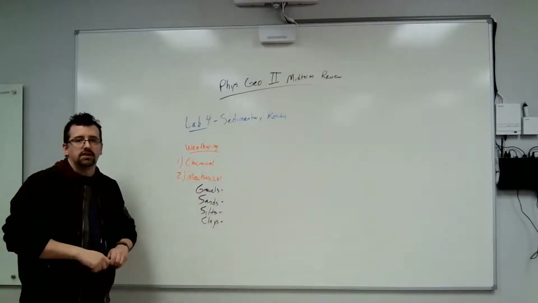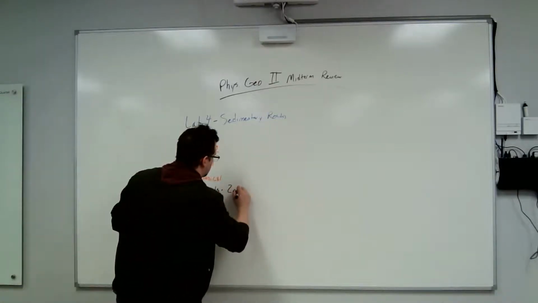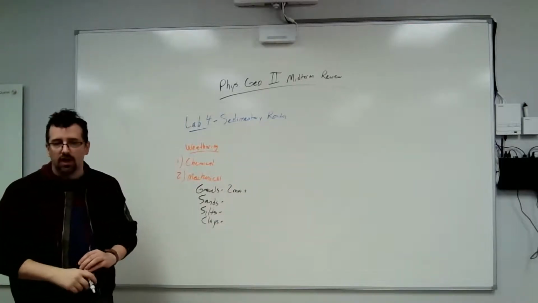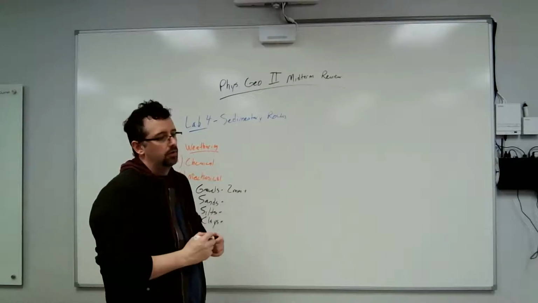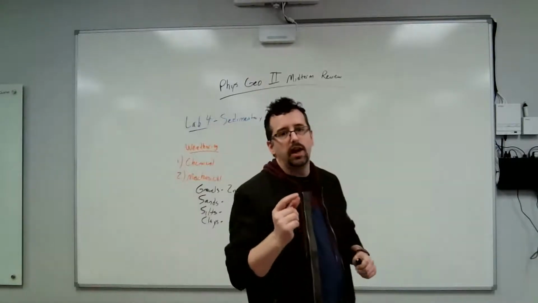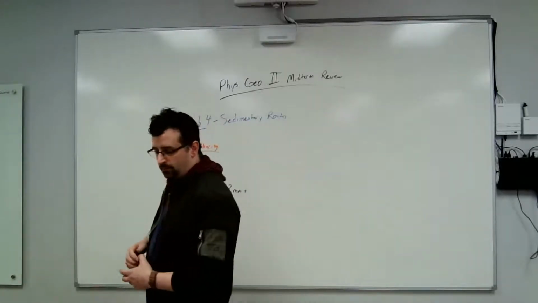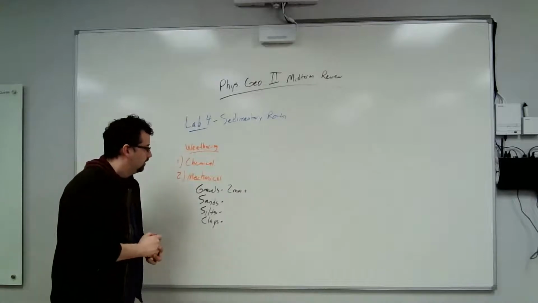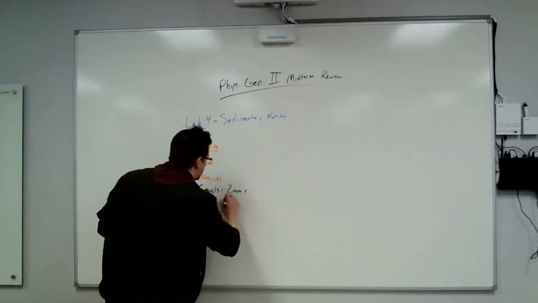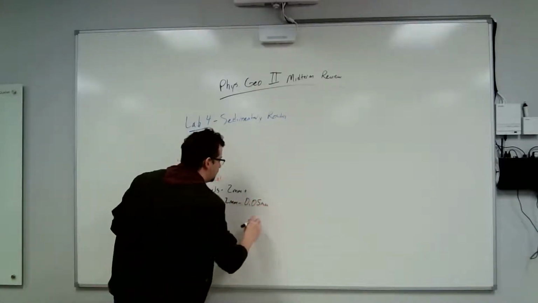So let's talk about the sizes of these. Gravels are typically 2 millimeters and up. That's generally maybe the size of a pea, and higher. And we have sands, which are 2 millimeters to 0.05 millimeters.